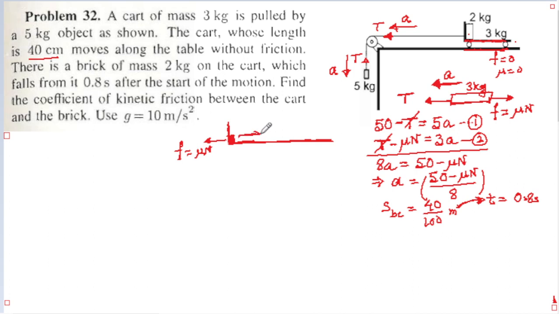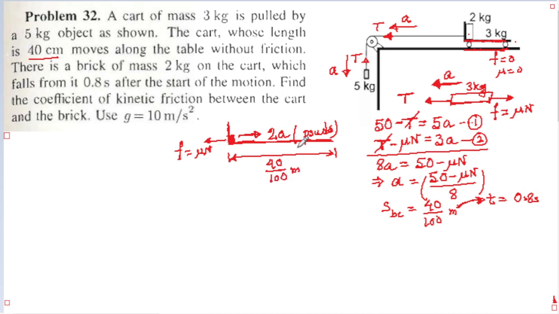Due to this pseudo acceleration, a pseudo force will appear. This pseudo force is equal to the mass of the brick, which is 2, into its acceleration a, which generates on the brick. The friction appears here, and it is also given in our question that this length is equal to 40 divided by 100 meter.